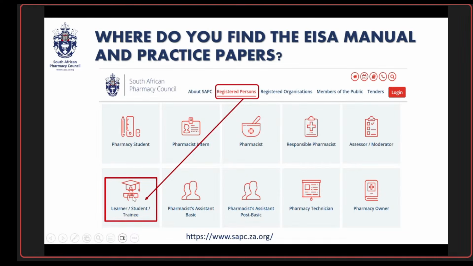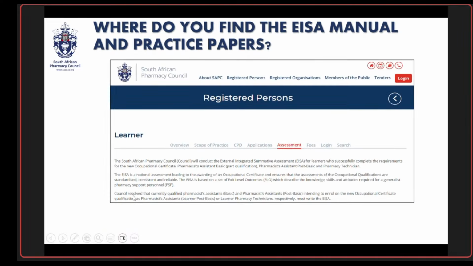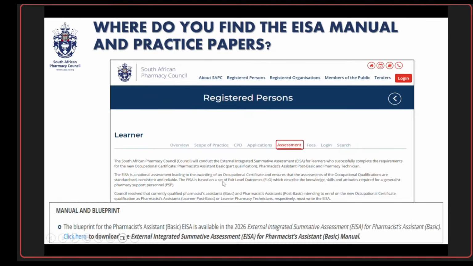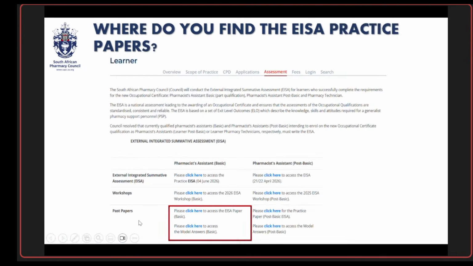You'll click on that tab, and then under that tab, you should go to assessments. Under assessments, you should be able to download or view the manual and the blueprint, as well as any other documents applicable.